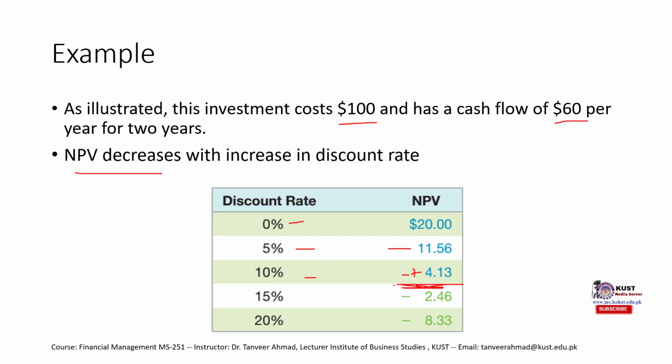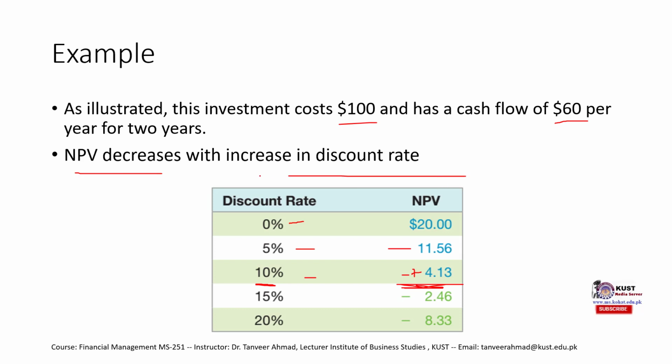So somewhere between 10 and 15%, the NPV is 0. That discount rate is our IRR. That discount rate at which NPV turned into 0 is called IRR.